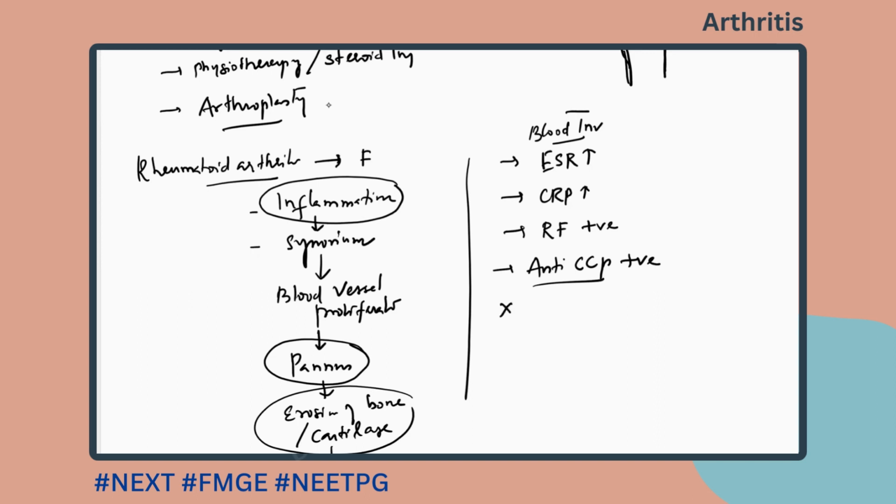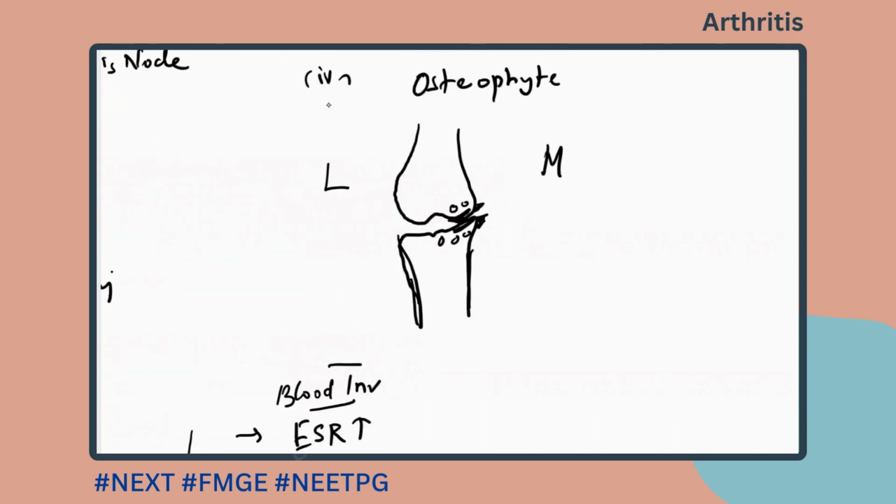When you take an X-ray of the patient with rheumatoid arthritis, there will be uniform joint space narrowing. This is the joint which is affected by rheumatoid arthritis.